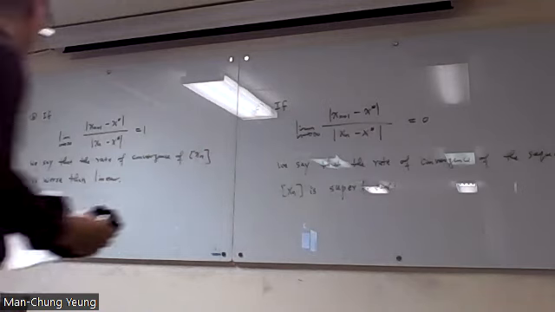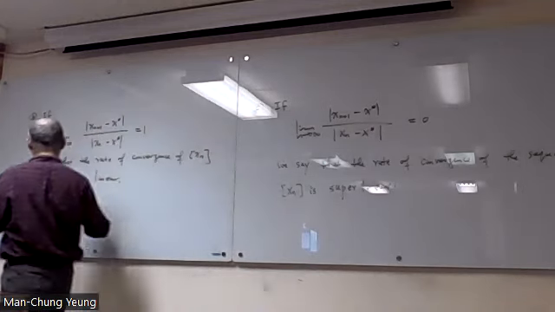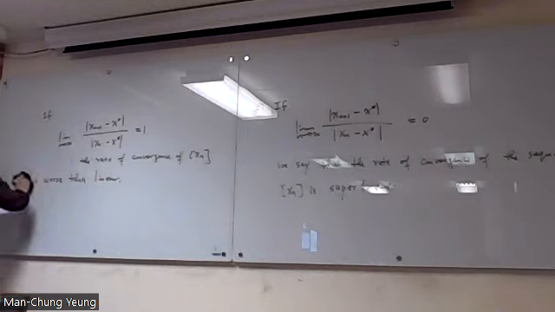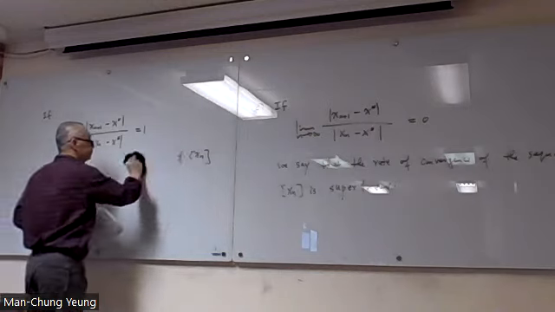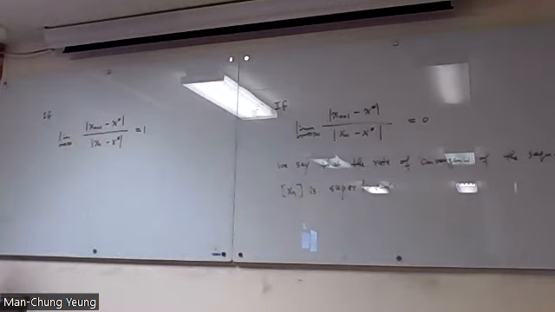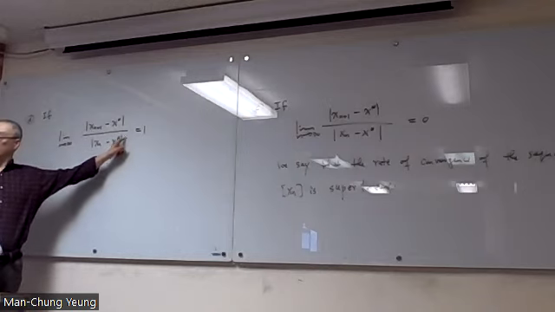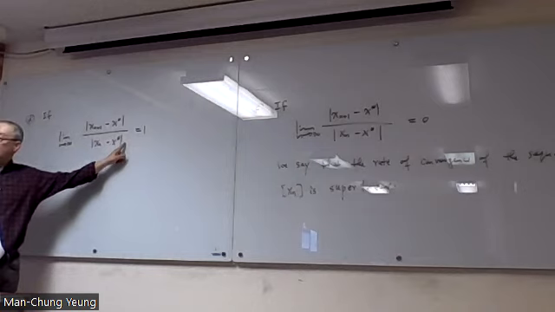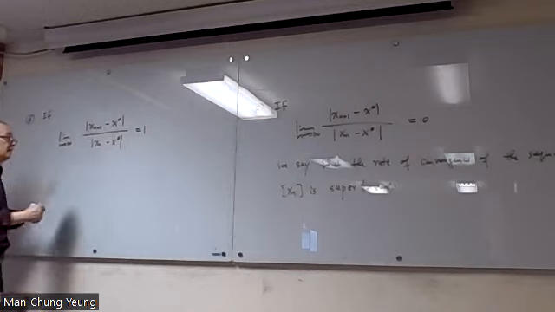Definition D: quadratic convergence. For linear, the power in the denominator is what? Linear is power 1. Now for quadratic, the power is 2.